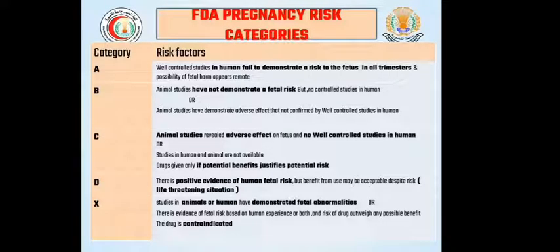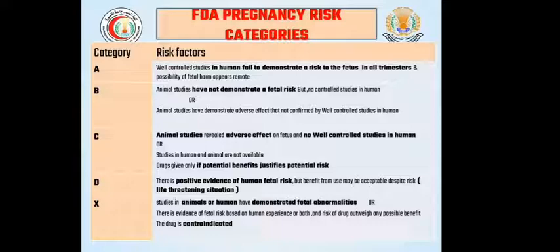Category D, the human data show risk, but here the benefits may outweigh the risk. You must assess the benefit versus risks. If the benefit outweighs the risks, you can use.